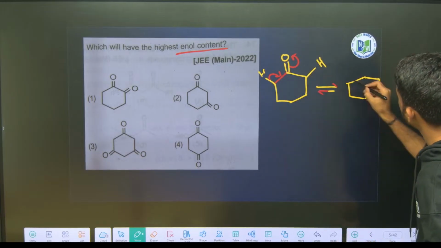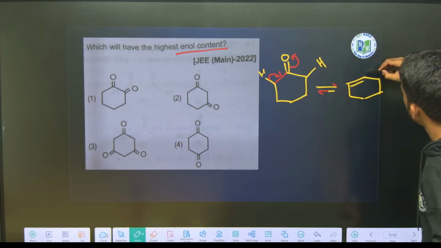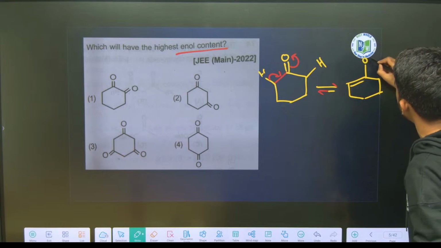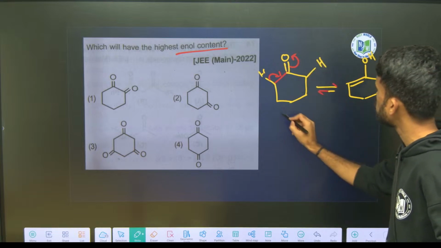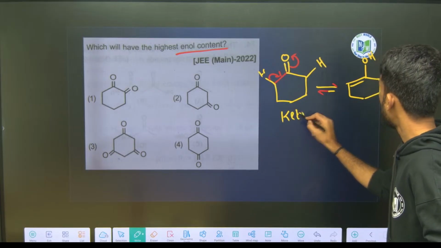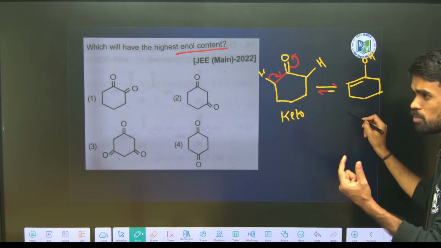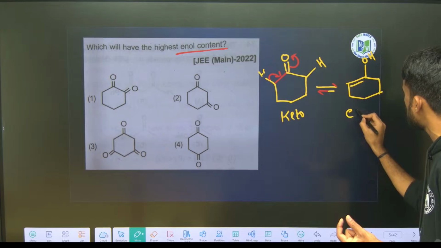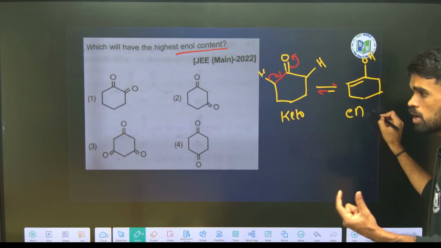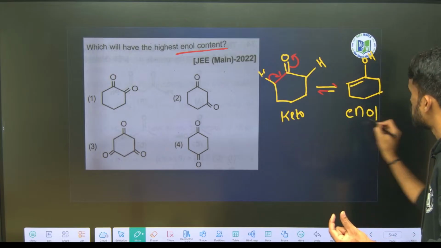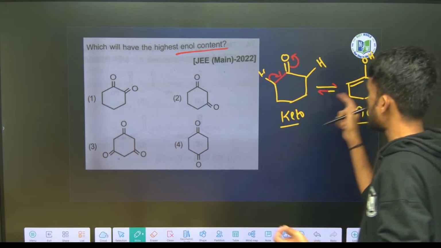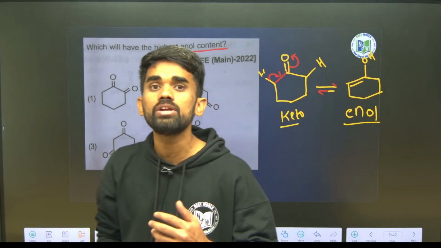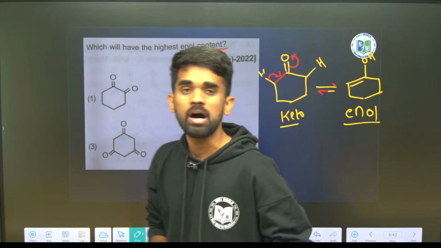Okay, so if it is shifting, you are going to get a double bond here and the oxygen will be converted into OH like this. So this is the keto form, and this one has one double bond now, so alkene, ene, and one OH group, alcohol, ol, right, enol. So keto, enol. This kind of transformation is called keto-enol tautomerism.